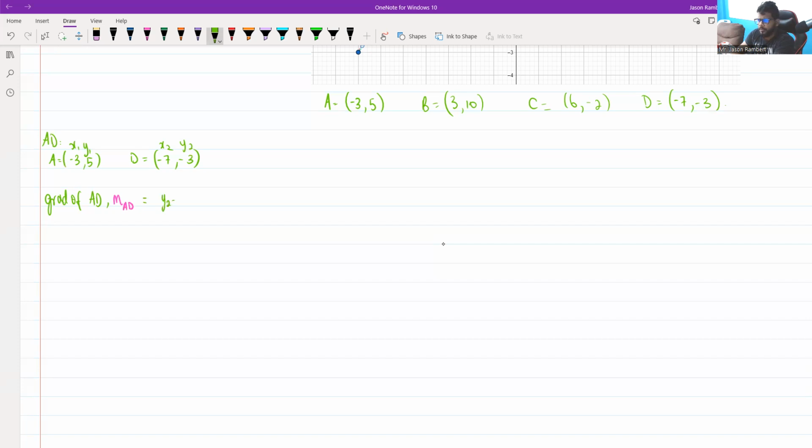Write down the formula: y2 minus y1 over x2 minus x1. You all heard me properly, right? y2 is minus 3, take away y1, which is 5, over x2 which is minus 7, take away x1 which is minus 3.